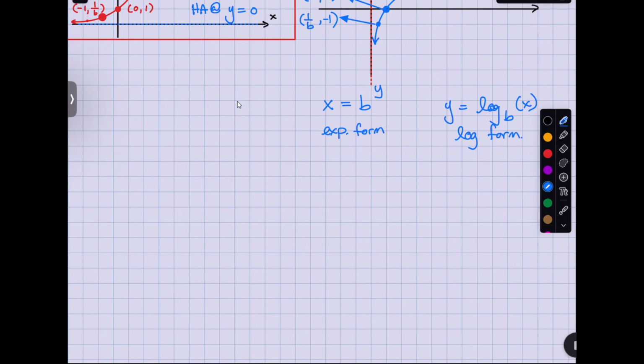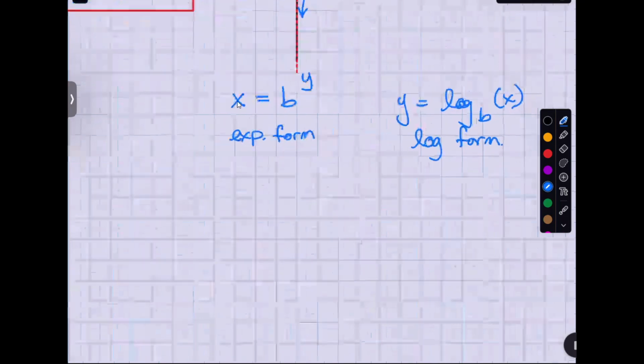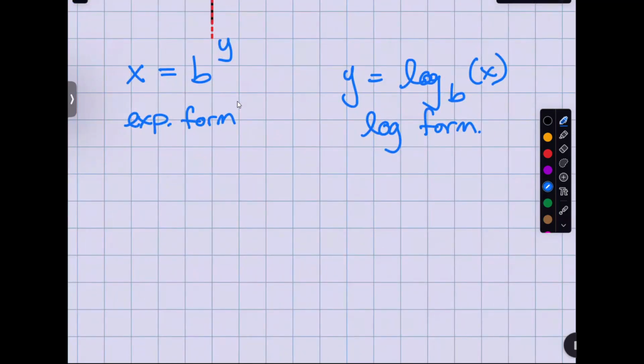We do have to be able to go back and forth between the log form and the exponent form, back to the log form. But before I talk about that, let's talk about the log form.